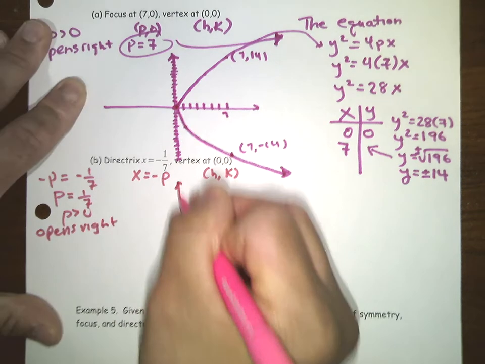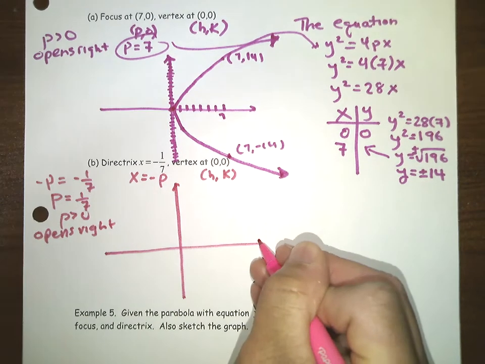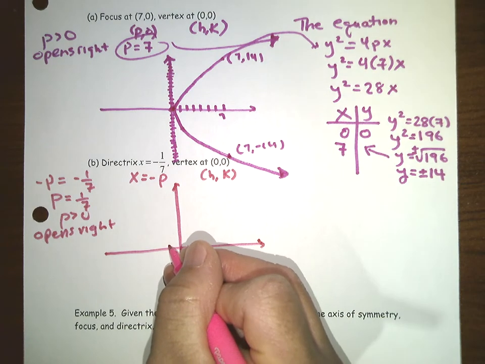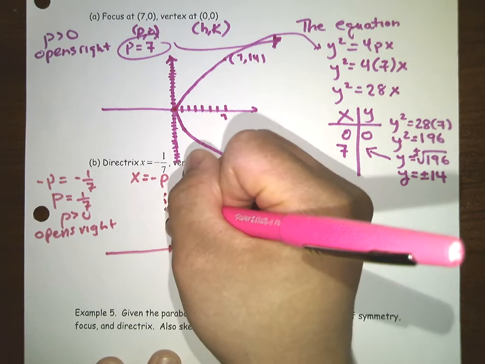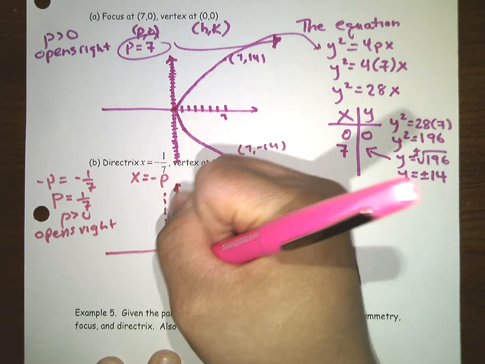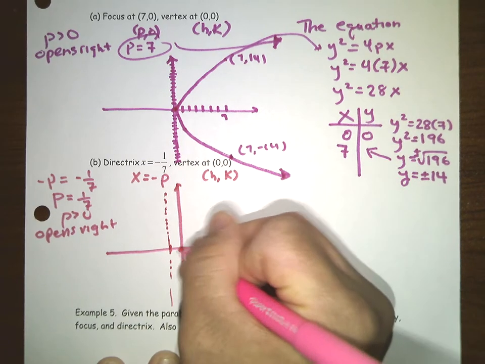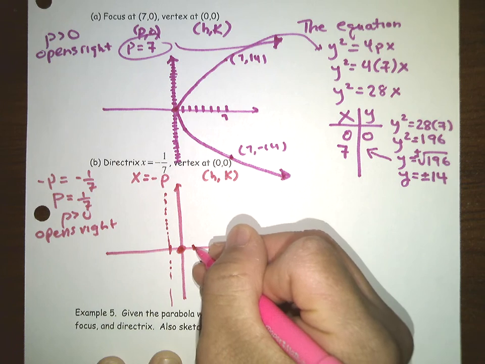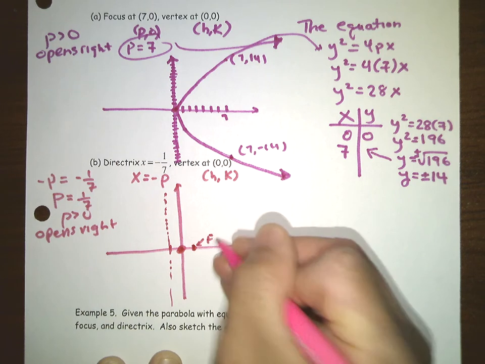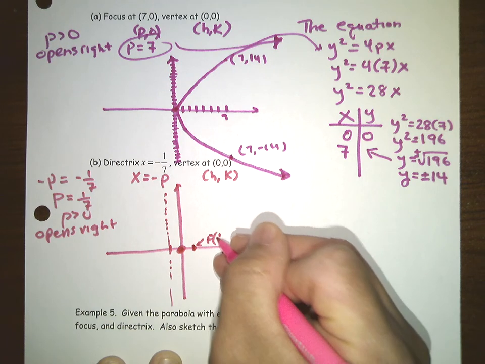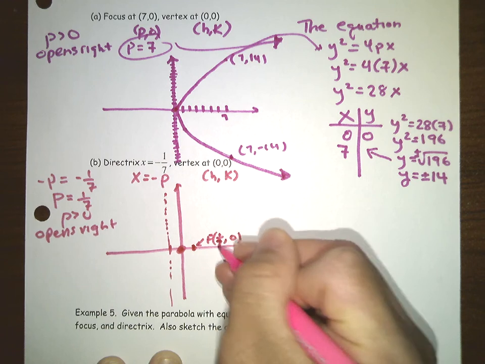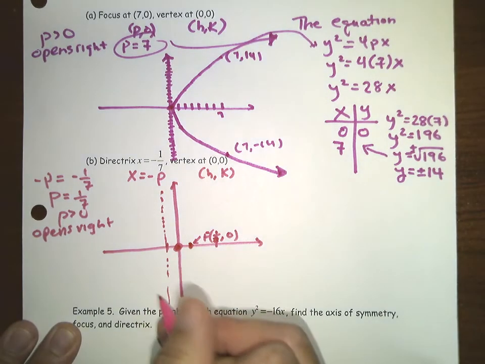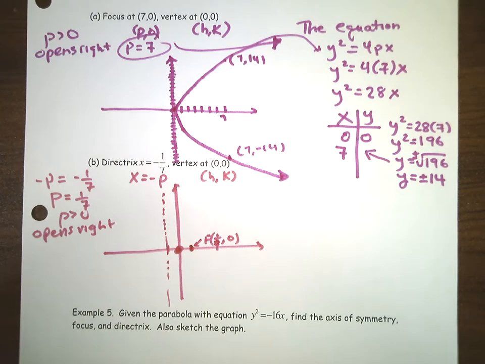So the directrix is at negative 1/7, so that will be over here. And then the vertex is at (0, 0), and the focus is at a positive 1/7. So there's the focus at (1/7, 0), and this was the directrix at x equal to negative 1/7.